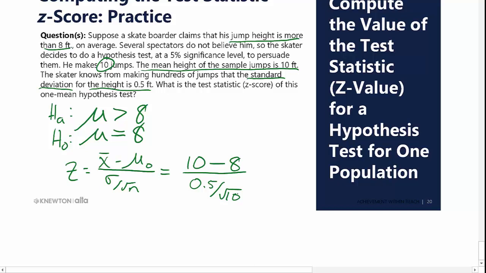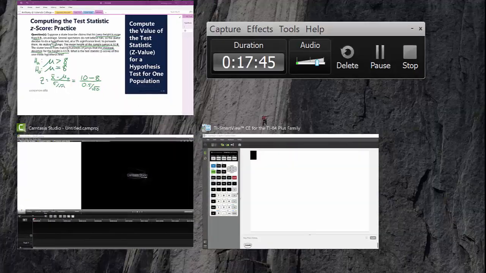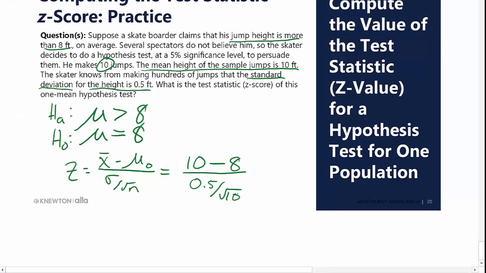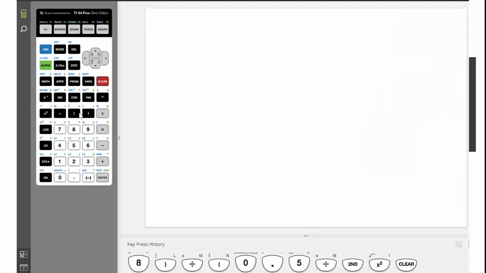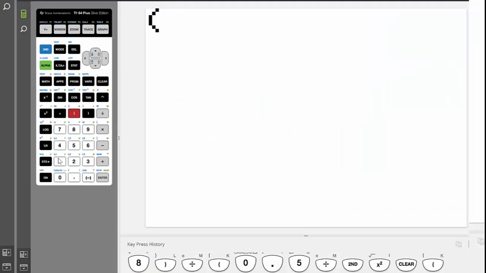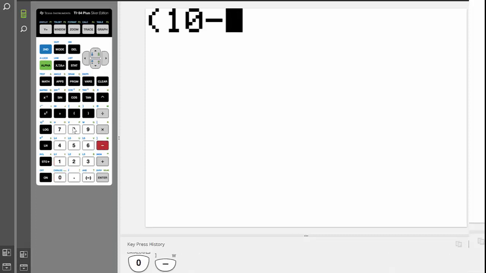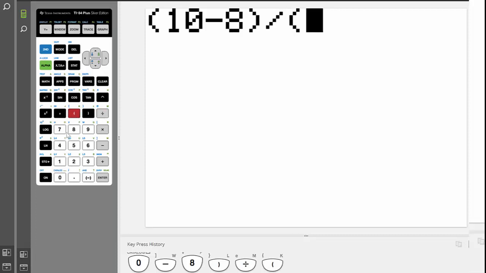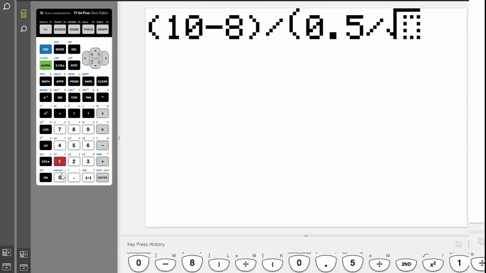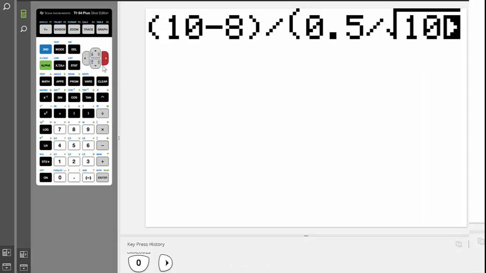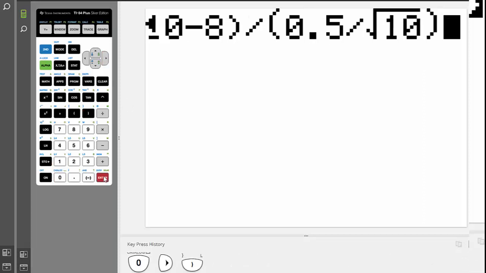Now it's just a matter of putting this into the calculator. So I'll do 10 minus 8, close parentheses, divided by, open parentheses, our standard deviation of 0.5 divided by the square root of 10, because that was the number of jumps that he made.